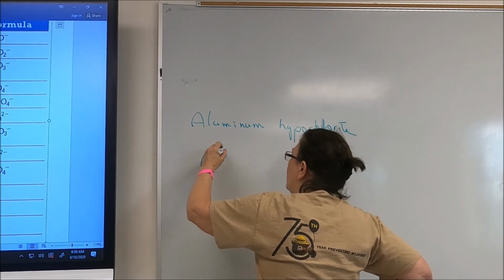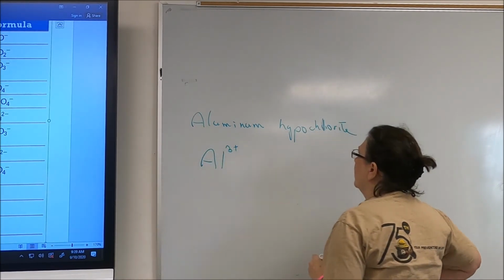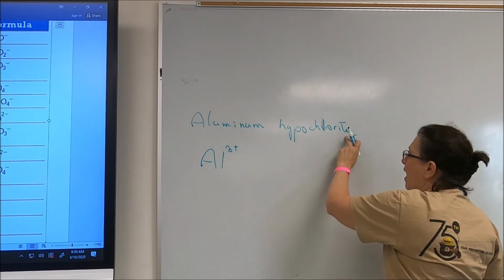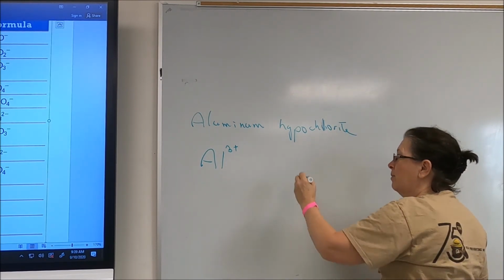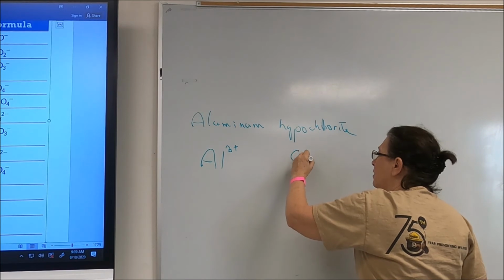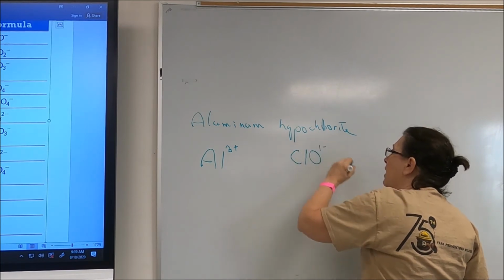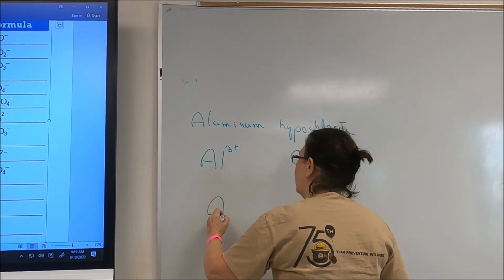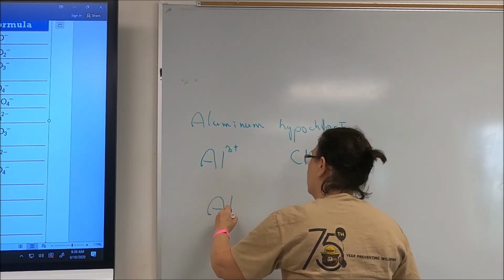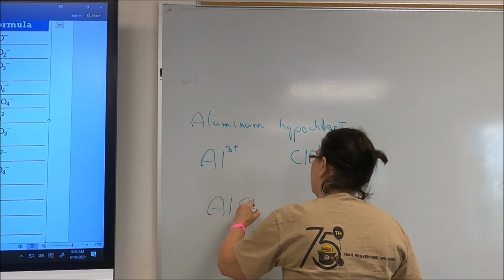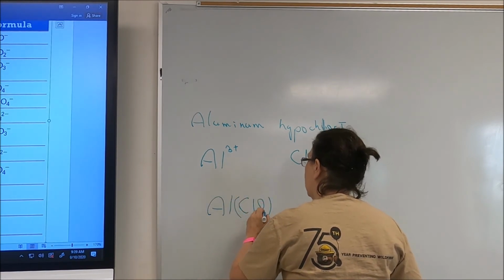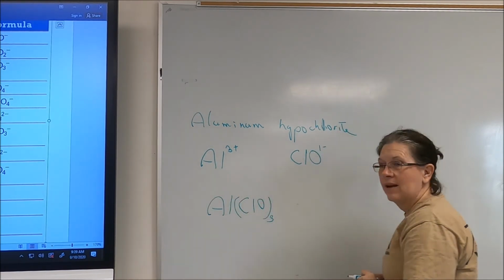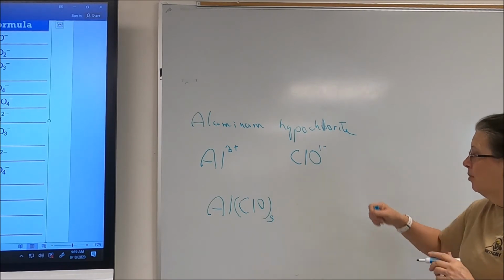Well, we know aluminum is a 3+. The hypochlorite, that ite ending, screams I'm a polyatomic ion. It's ClO, and it has a charge of 1-. So if we do crisscross, I get Al, ClO in parentheses, taken 3 times. Aluminum hypochlorite.